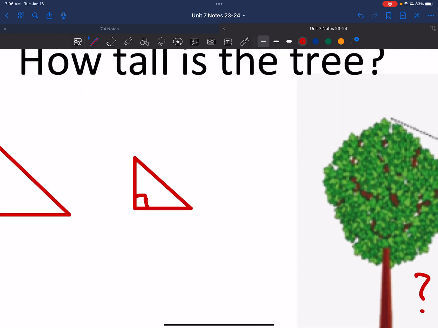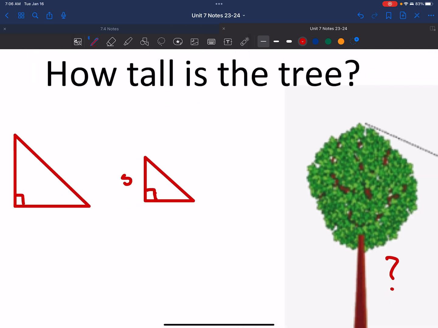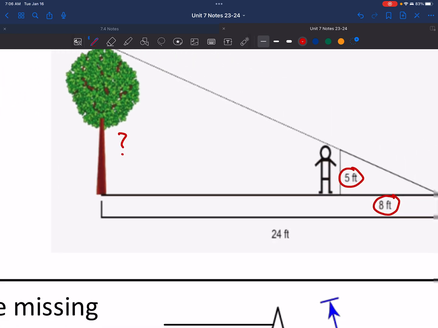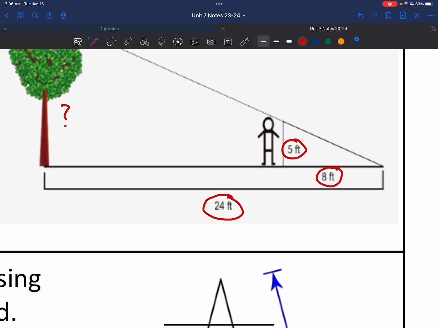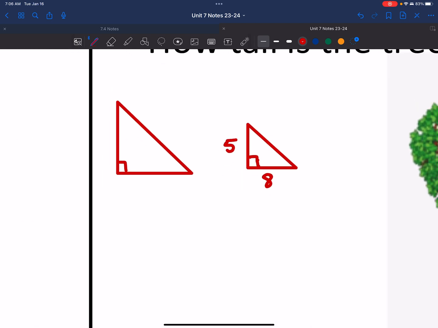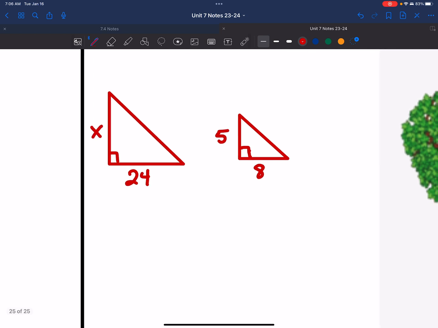So I'm going to rewrite this over here as 5 feet tall, 8-foot long shadow. And then for the tree, it told us that its shadow is 24 feet, but we don't know how tall the tree is.